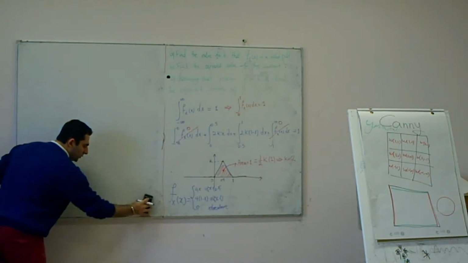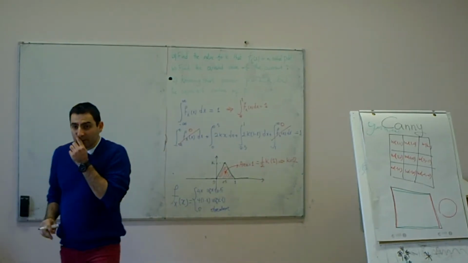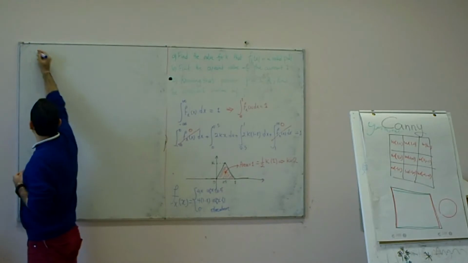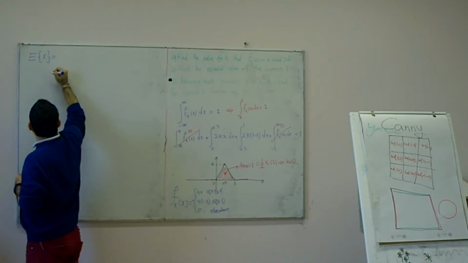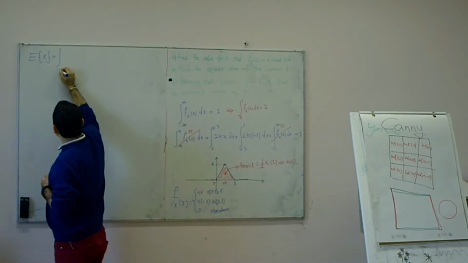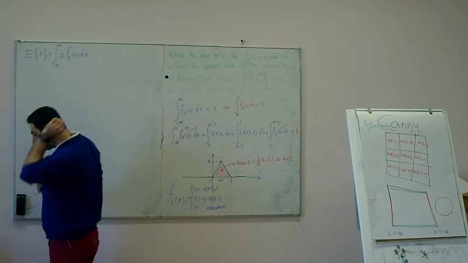What we want to do, we want to calculate the expected value of the current. So we want to calculate the E of x, which the formula was saying that this is the integral from minus infinity to plus infinity of x f(x) dx.